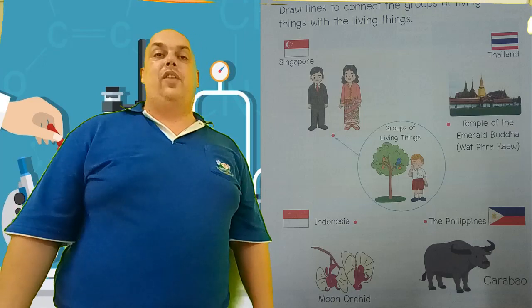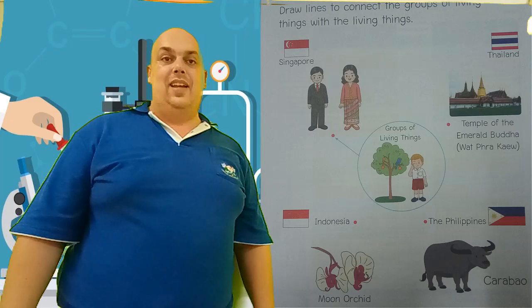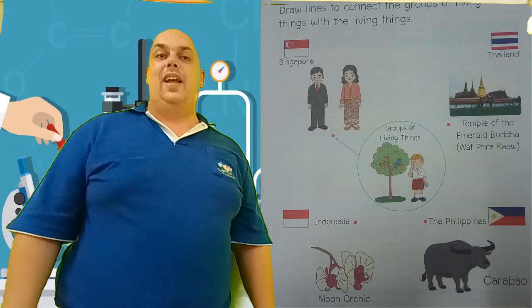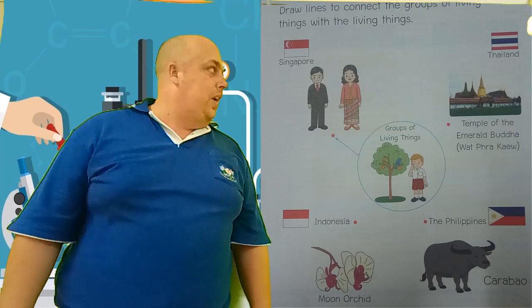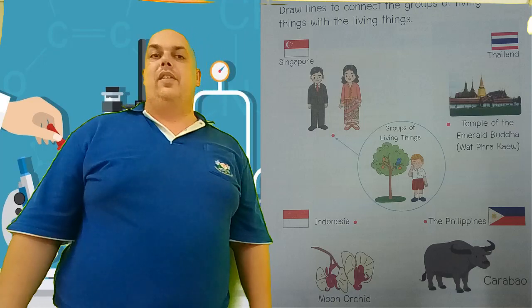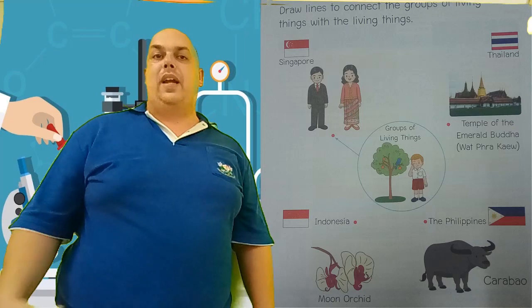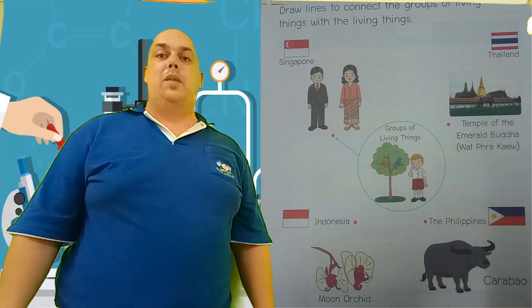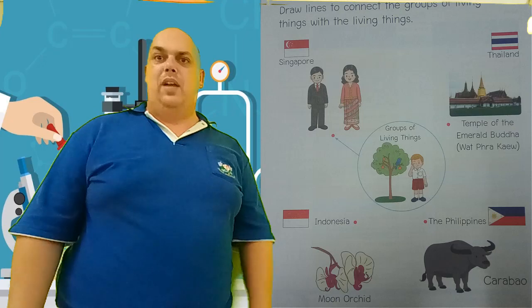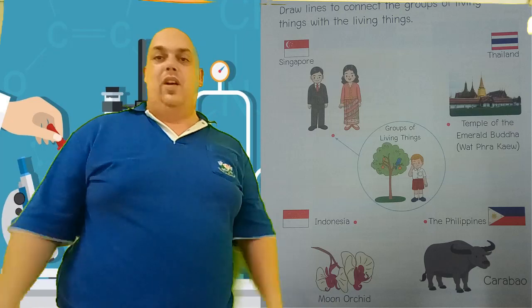All right, next to that we have Thailand. And what do we have a picture of over there? It is the temple of the Emerald Buddha. Yes, Wat Pa Keo. I hope I pronounced that correctly. If not, I'm sorry.